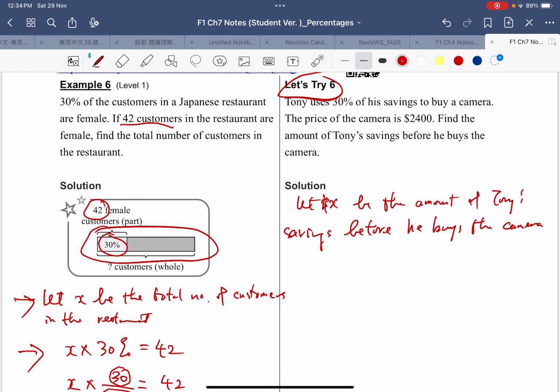So it will be x times 30% equals 2400 here.